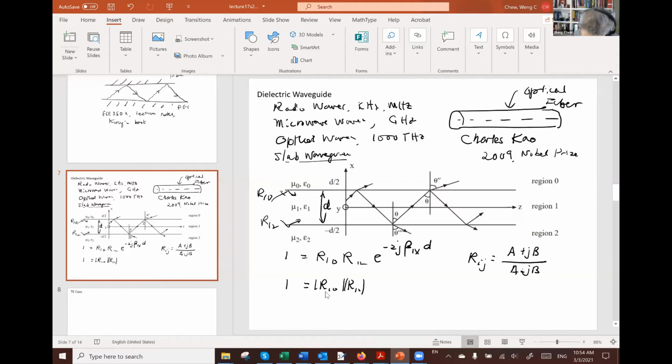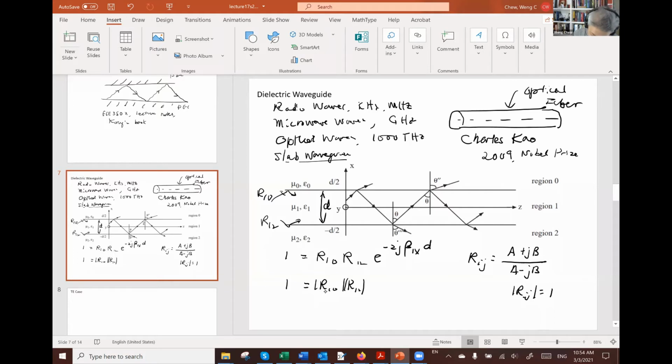And hence, you can easily convince yourself that when this is the case, then the magnitude of Rij must be 1 because the numerator and the denominator are just complex conjugates of each other. Okay, so when we have total internal reflections at the top and the bottom interface, then guidance is possible.